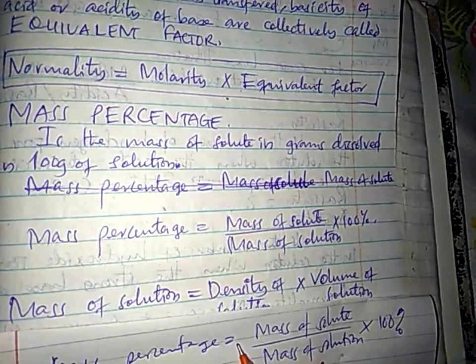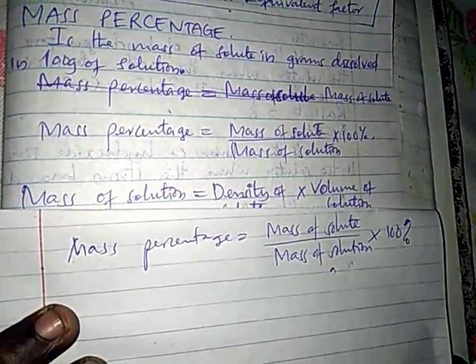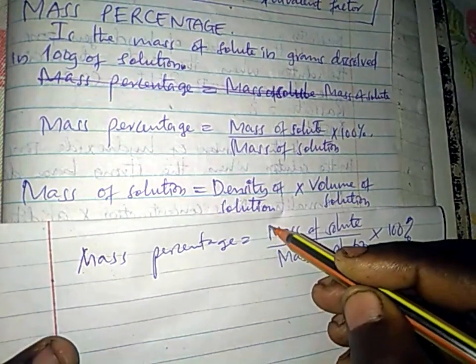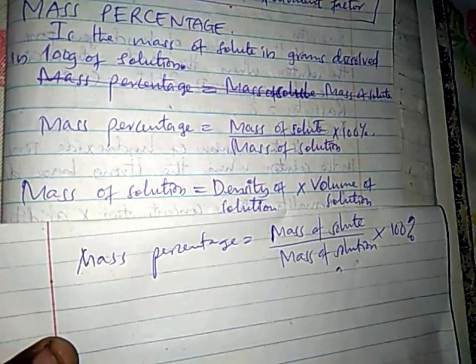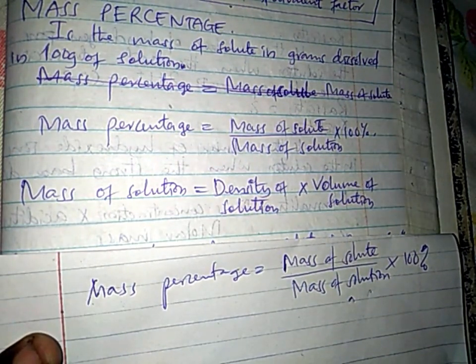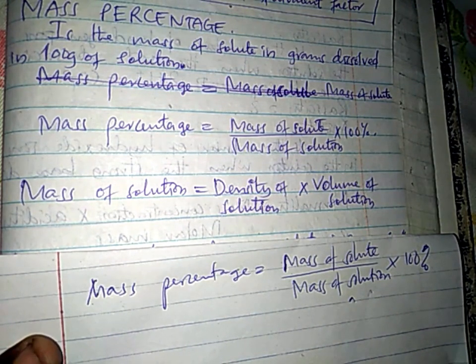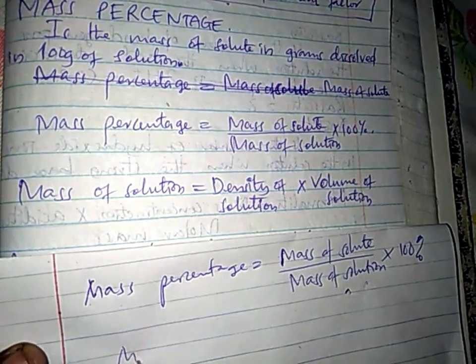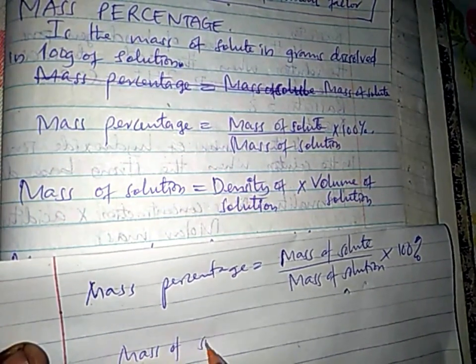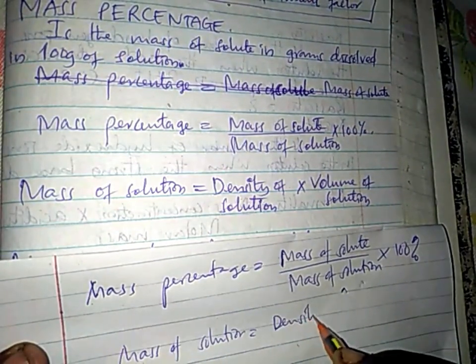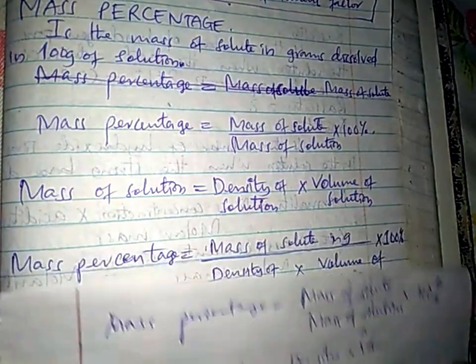Now, because the definition of mass percentage has included 100 grams of solution, most of the time when we are given mass percentage, or when we are told to calculate the mass percentage, as we shall see, we need to convert the units. How we convert the units in calculation of mass percentage, we shall see later. But as we know, the mass of solution is equal to density times volume of solution.